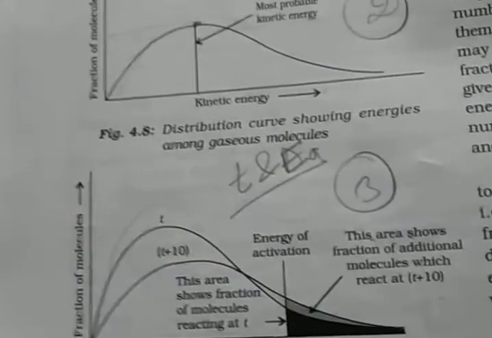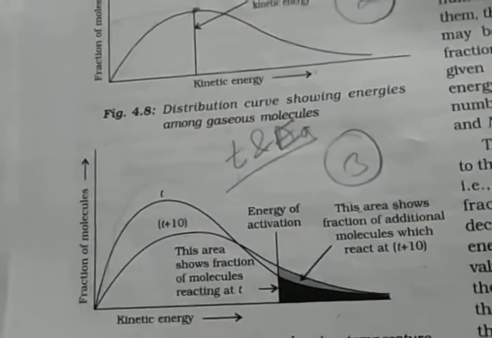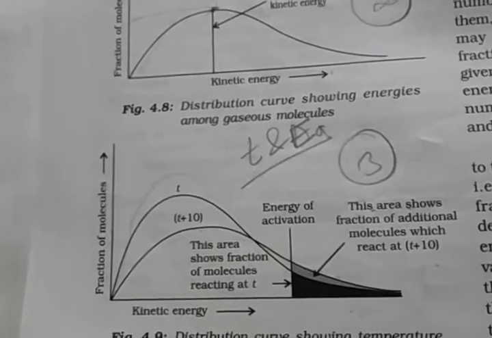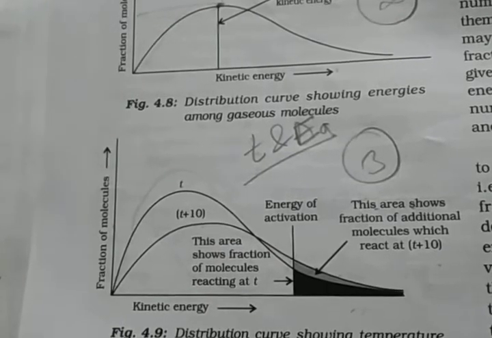So Arrhenius explained activation energy by this graph, using the Arrhenius equation.